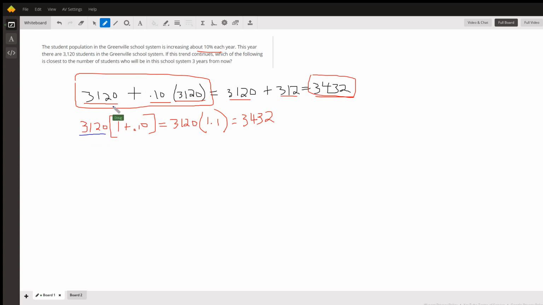That means the term to the left of the plus sign will be a 1, and the term to the right, since I factored out the 3,120, will be 0.10 or 0.1. Now this expression inside the brackets is really 1.1. If I multiply 1.1 times 3,120, I get the same thing, 3,432.